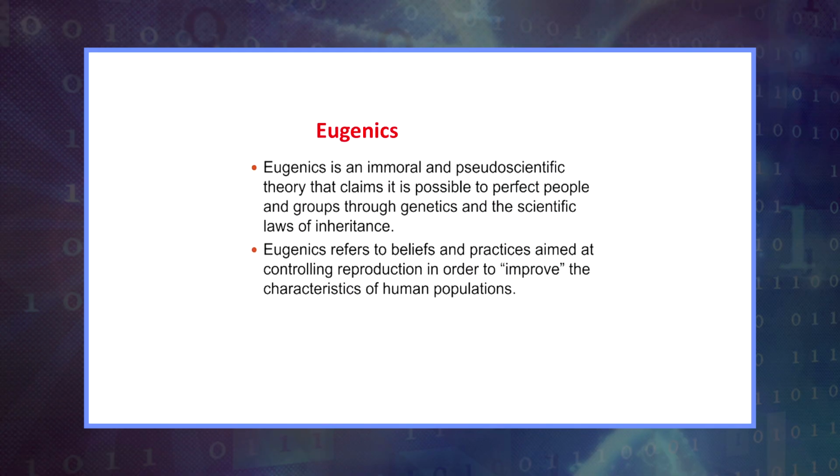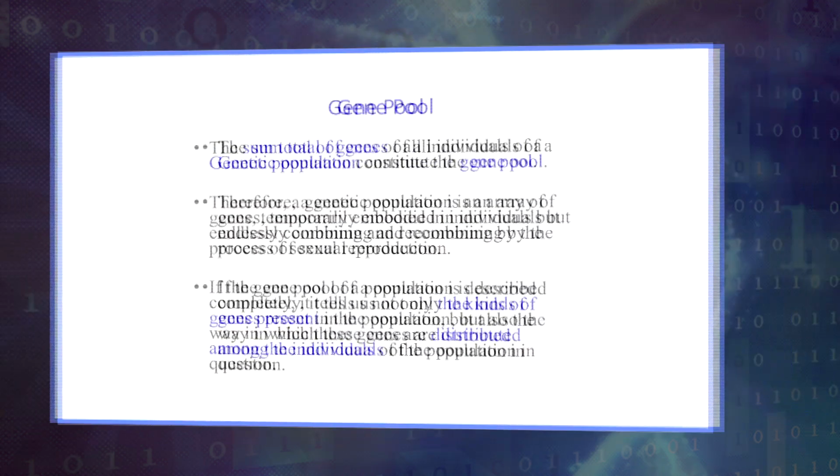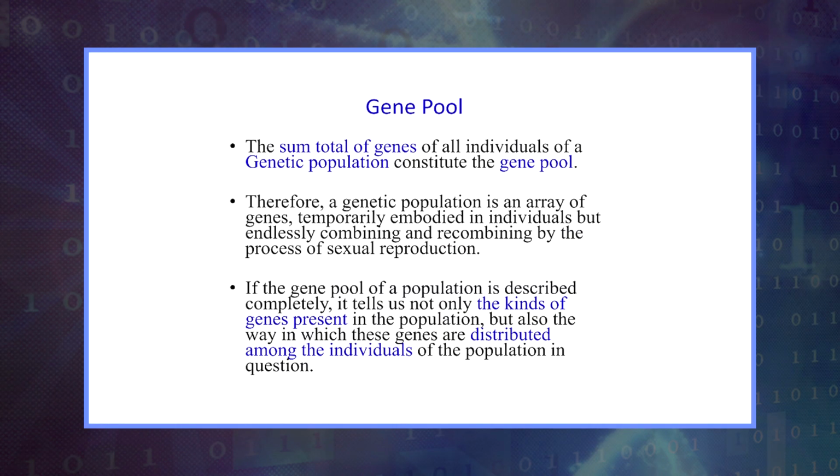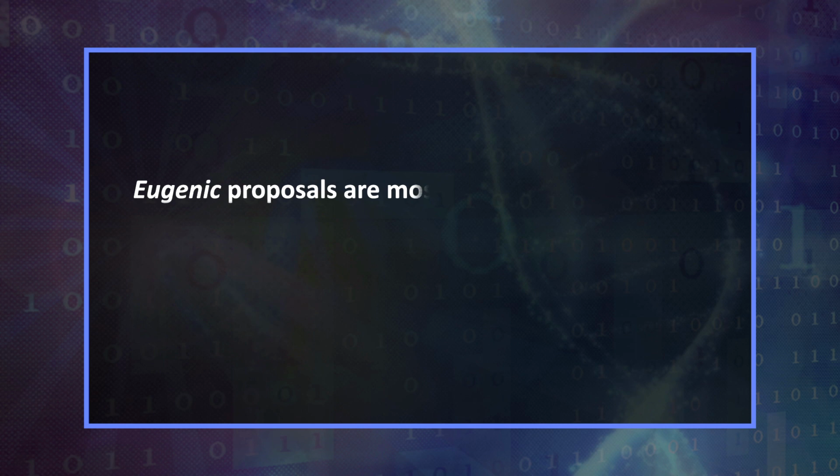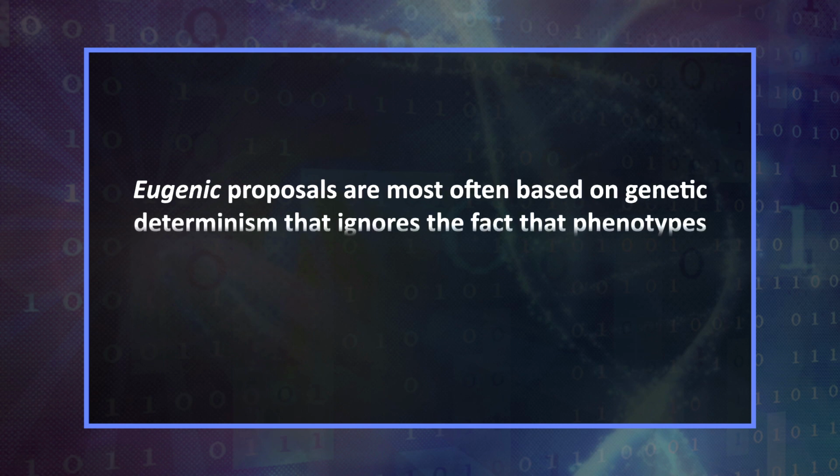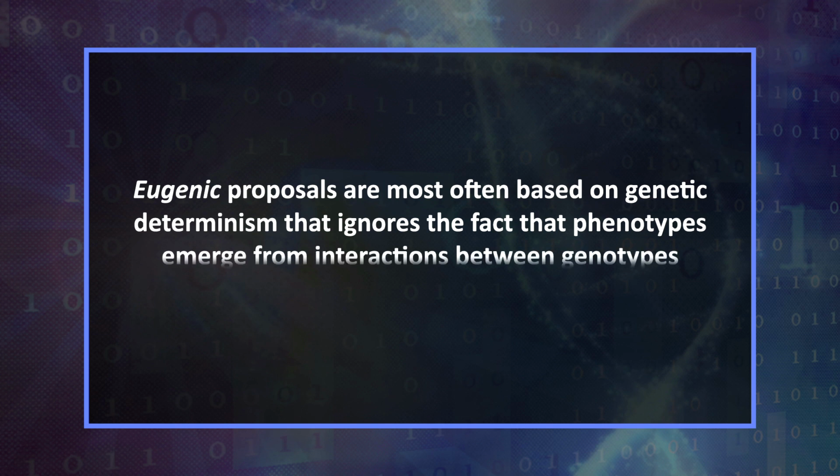One possibility for human evolutionary change is eugenics, the deliberate modification of human reproduction or specific genes to change our gene pool. Eugenic proposals are most often based on genetic determinism that ignores the fact that phenotypes emerge from interactions between genotypes and environments.